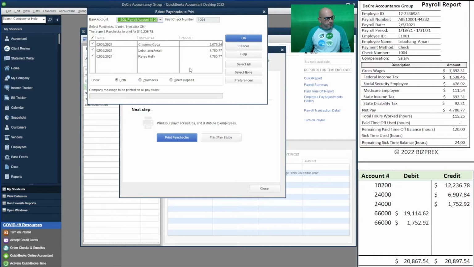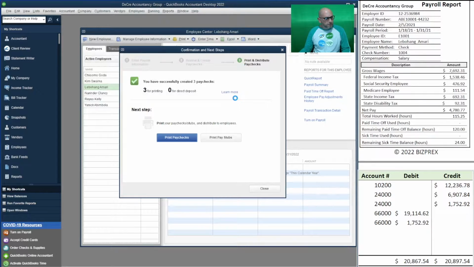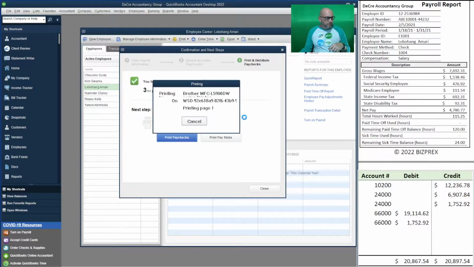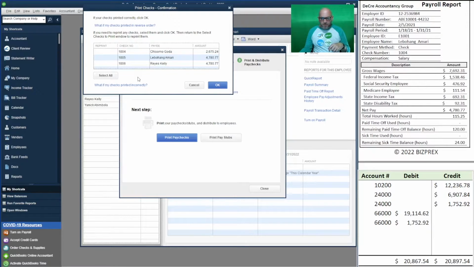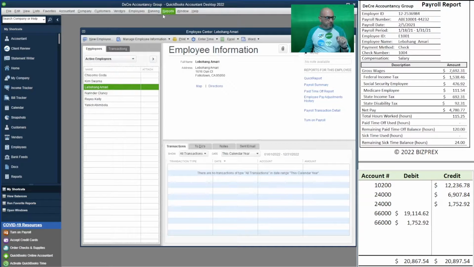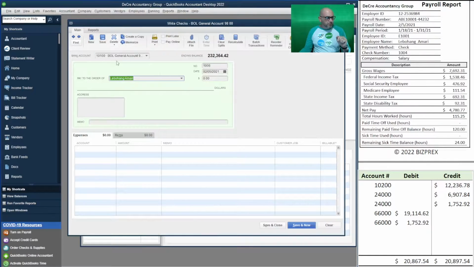Yeah, we'll see how they align. We can change check numbers. We can renumber. It's very easy. Printing. So the numbering didn't work out, but we'll go in and renumber. Okay, yes, they printed correctly. Good. Let's go ahead and write checks.